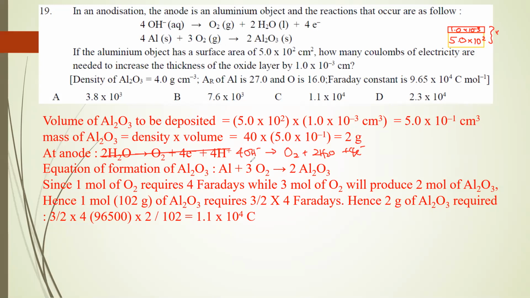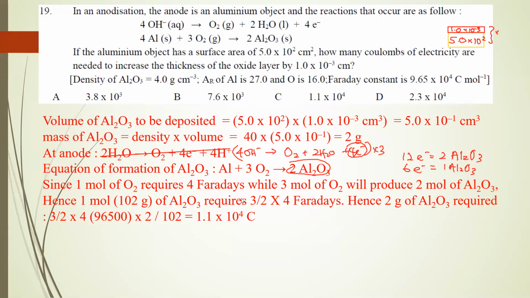Eventually the whole equation you multiply by 3, so that the moles of electrons equal 12. So 12 electrons are equal to 2 Al2O3, so 1 Al2O3 is equivalent to 6 electrons.